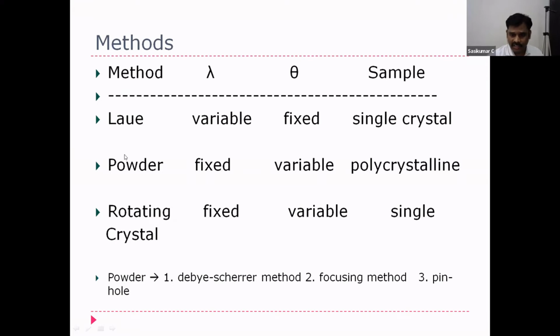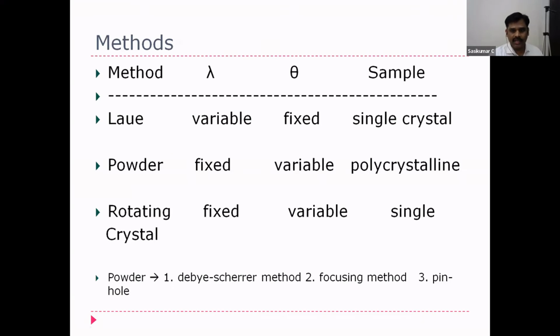The second method is the powder method. In the powder method, you place a powder. If you look into this powder, there are a great number of crystals, it is polycrystalline. Numerous crystals will be there, and each crystal is going to diffract. So there are a number of diffraction events. When you are using a powder, we fix the lambda, and we vary the theta.